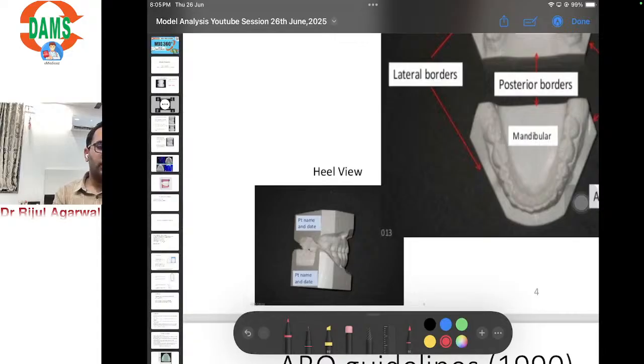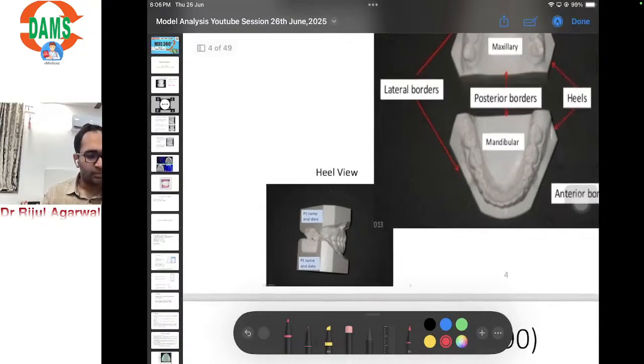The date becomes very important to assess the stage of the dentition, the growth status, and how many teeth were present at what time.